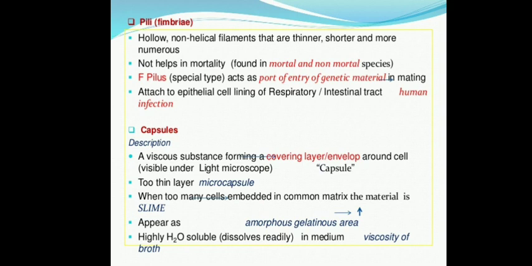These pili are present in both forms, in gram-positive bacteria as well as in gram-negative bacteria, but mostly they are found in gram-negative bacteria. These pili and fimbriae are generally made up of proteins known as pilin.